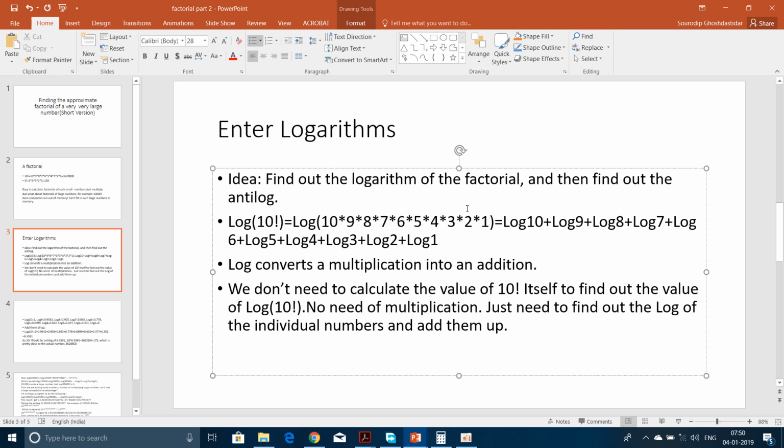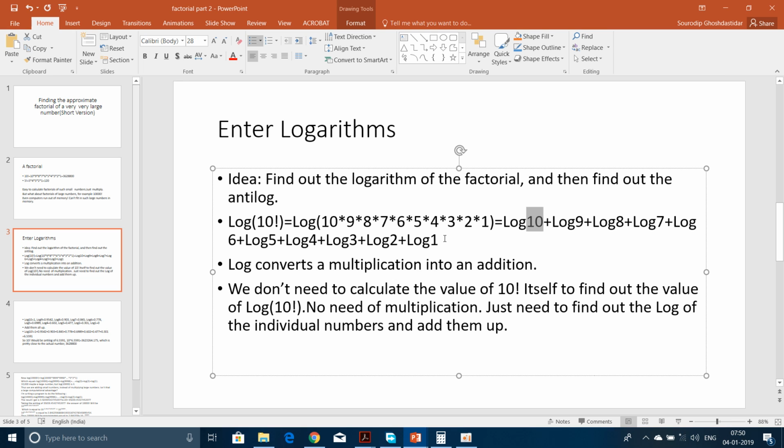So log of 10 factorial would be log 10 plus log 9 plus log 8 all the way up to log 1. Instead of multiplying 10 with 9, 9 with 8, 8 with 7, 7 with 6, 5 with 4, 4 with 3, 3 with 2, 2 with 1, we're just bypassing that. We're just finding the logarithm of each separate number and then adding them up.